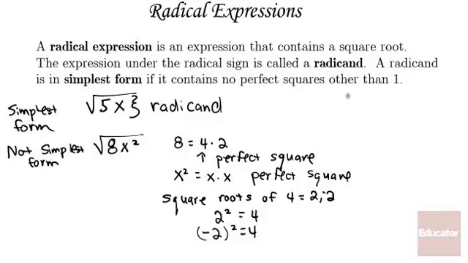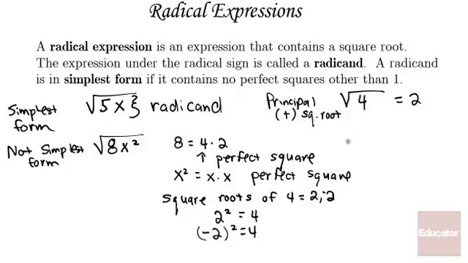However, by convention, when we use the radical sign, we are only referring to the positive square root. So this radical sign means that we're looking only for the principal or positive square root. When we say we want the principal square root, we mean the positive square root.